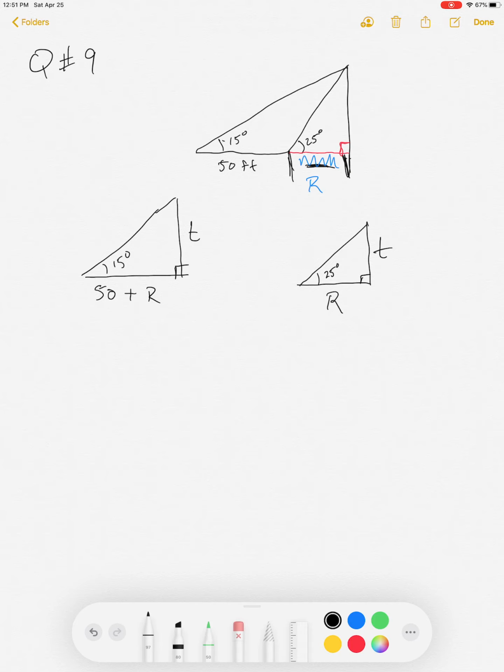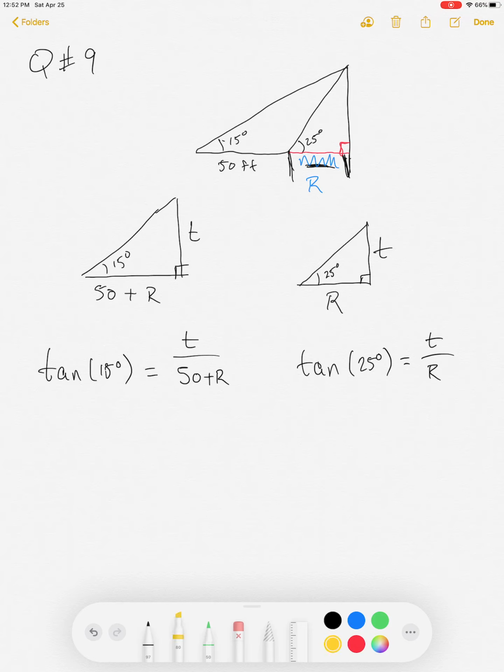So we could use any of them we want, but the tangent of 15 degrees is equal to the opposite, which is T, over adjacent, which is 50 plus R, and also the tangent of 25 degrees is equal to the opposite, which is T, over the adjacent, which is R. So I'm going to solve one of these two equations for T.